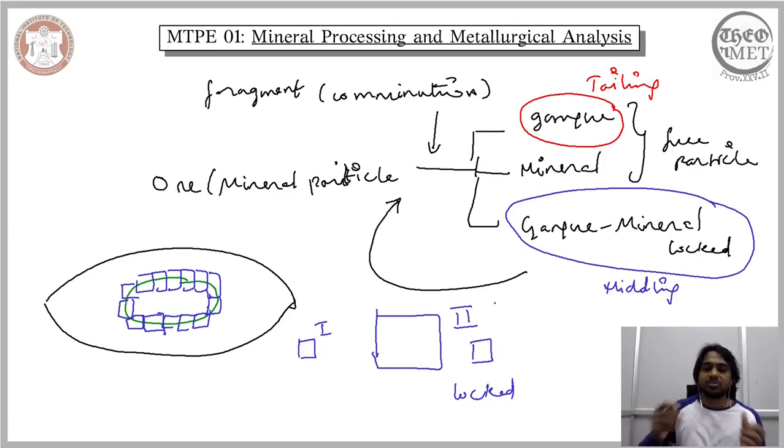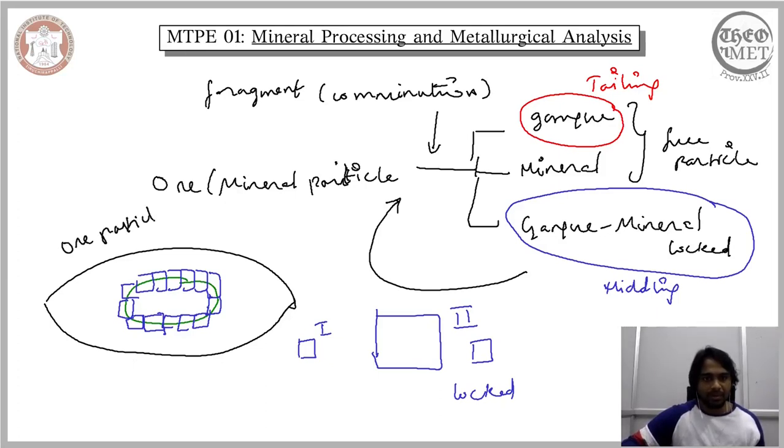Then by doing so, we will be able to enhance the already present amount of mineral particles. So there are two ways for us to address this liberation process, where we have our mineral locked within the gangue. So essentially, you have a particle such as this, a large particle such as this.